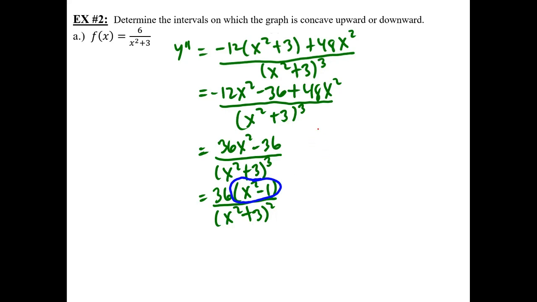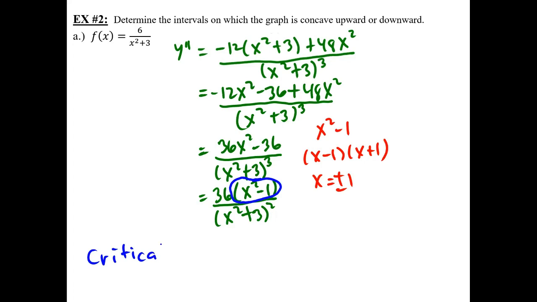So we have x squared minus 1, the same as x minus 1 times x plus 1. So x will become positive and negative 1. So our critical points are x equal to positive and negative 1.